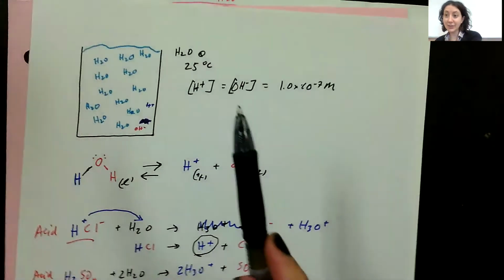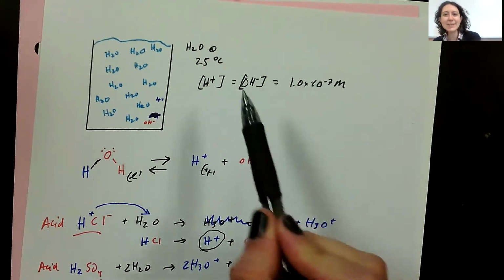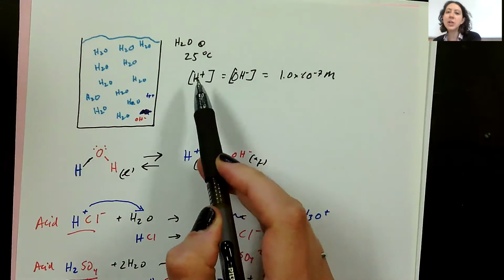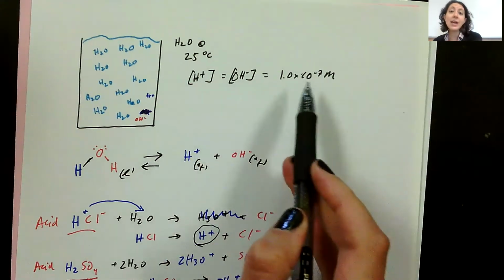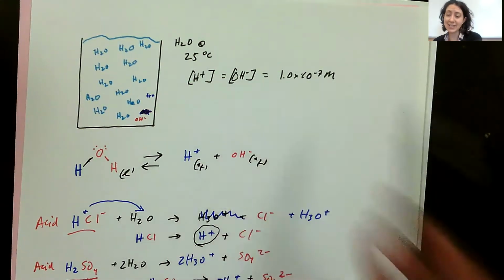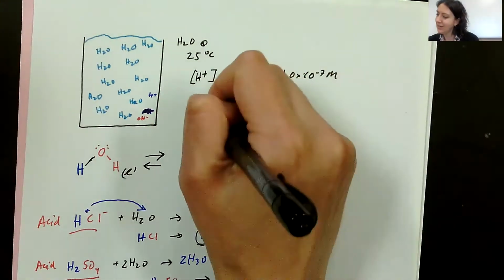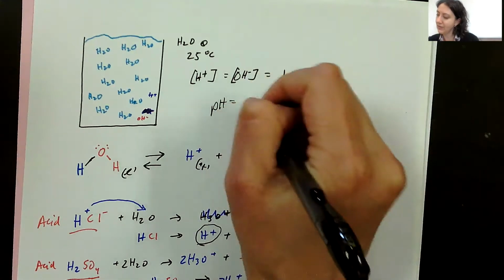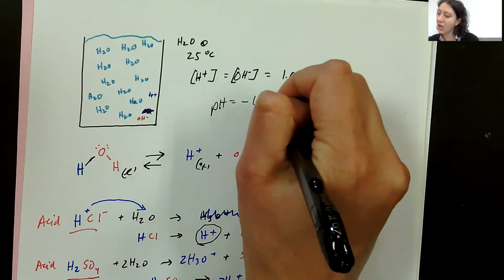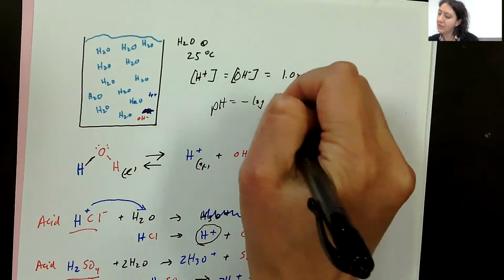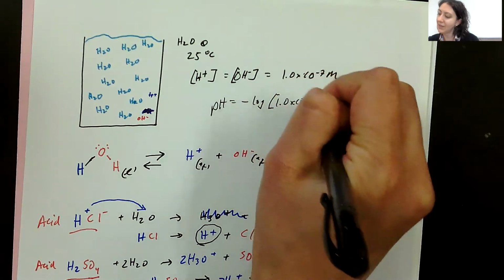If you remember from what we said earlier, the hydrogen ion concentration of water is 1.0 times 10 to the negative 7th molar. If we take that and do our calculation, we take the negative log of 1.0 times 10 to the negative 7th molar.